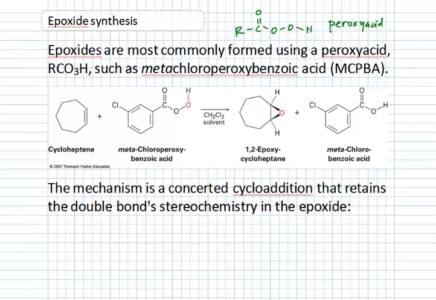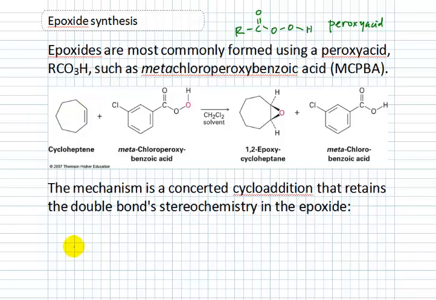Just in case you're interested in this mechanism, this is not something that you need to reproduce, but sometimes it's helpful in remembering how the reaction goes. It's a concerted cycloaddition, so this happens all at once, right? And that means the geometry of the double bond will be retained. So, it's kind of hard not to in a ring like this, but even if it's an open chain, the geometry will be retained.